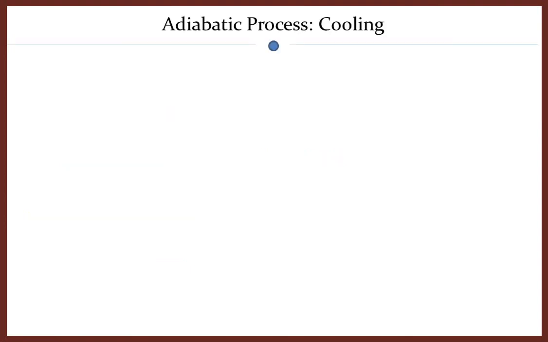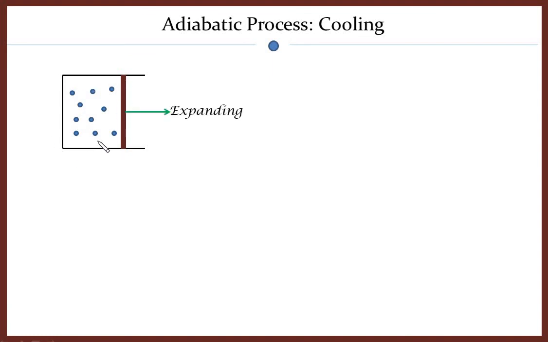Now see the adiabatic cooling effect. In order to understand the adiabatic cooling effect, we again need a container filled with a gas. This time we are allowing the system to expand. Here we are not compressing the gas; it is expanding by moving this piston to the right hand side.